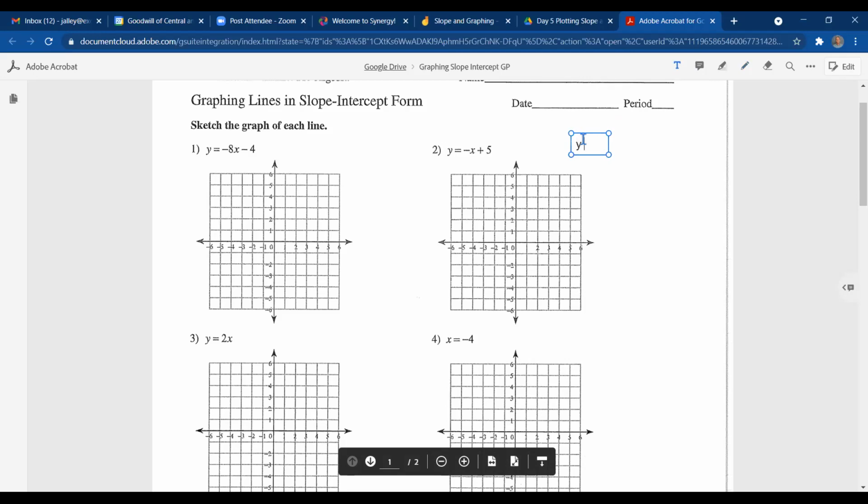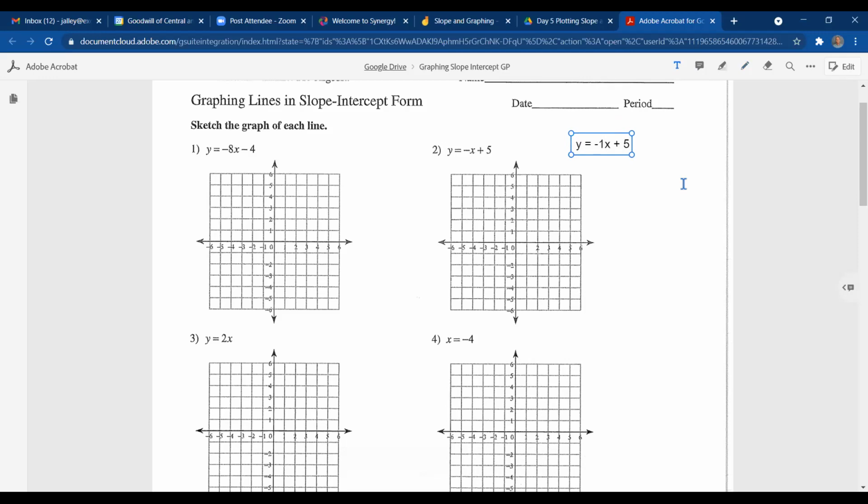Number 2 equation says y equals negative x plus 5. So what's the slope on that one? What does it mean when we have no number in front of a variable? -1. Thank you. Excellent.